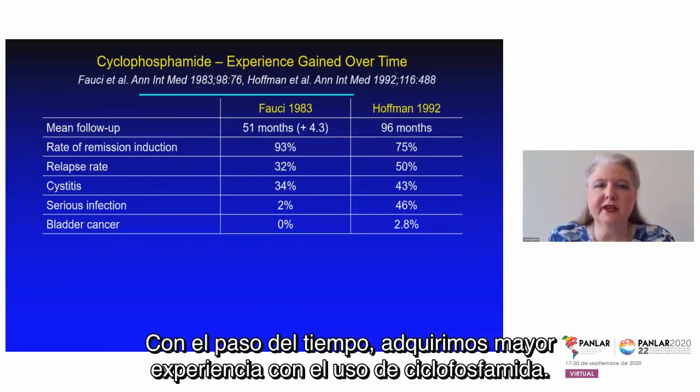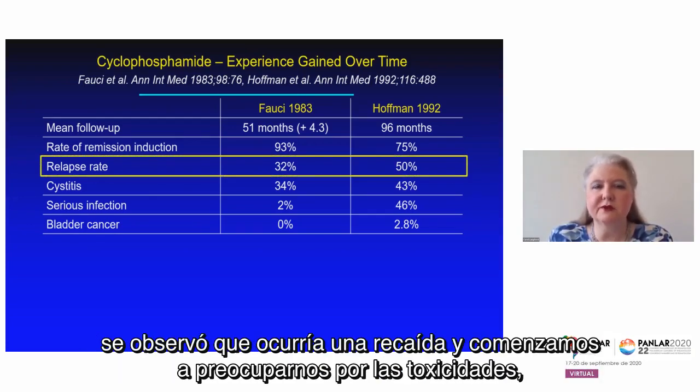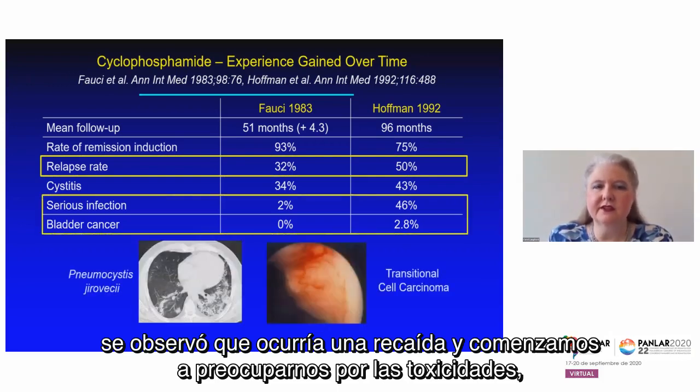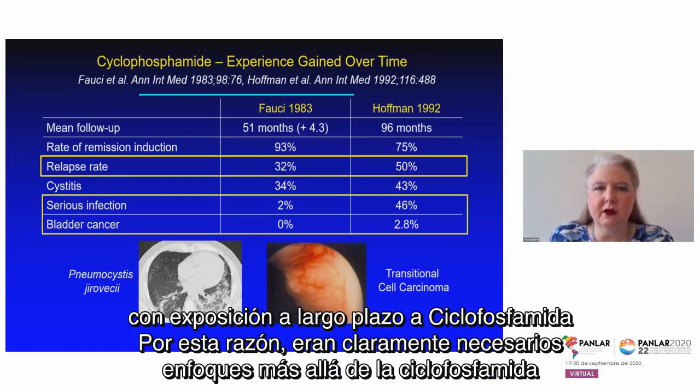Over the course of time, we gained greater experience with the use of cyclophosphamide, and we learned many important lessons. We can see that despite effective induction of remission, relapse was observed to occur, and we began to see concerns with toxicities, including opportunistic infections such as pneumocystis, as well as the development of transitional cell carcinoma of the bladder with long-term exposure to cyclophosphamide.